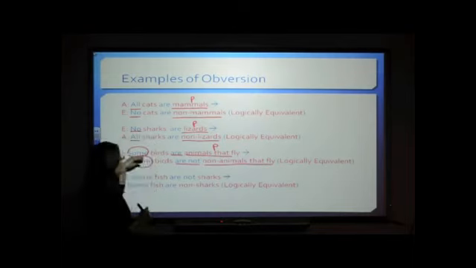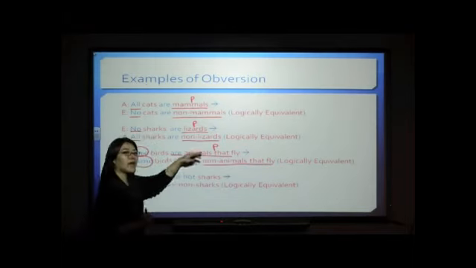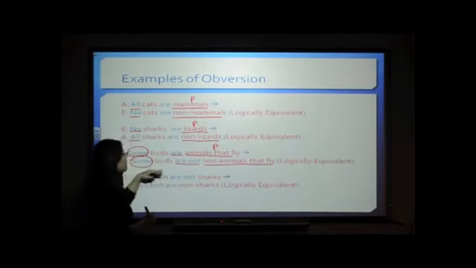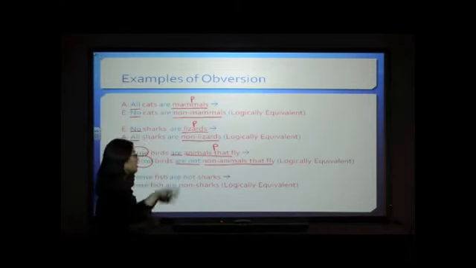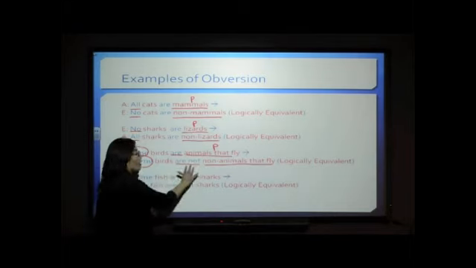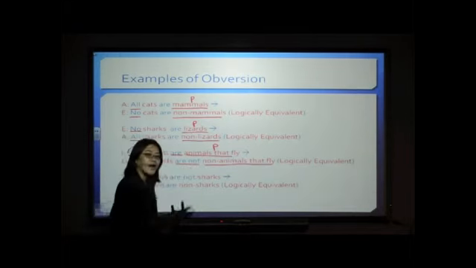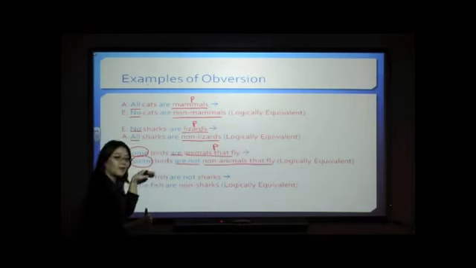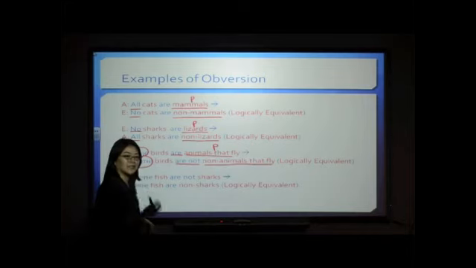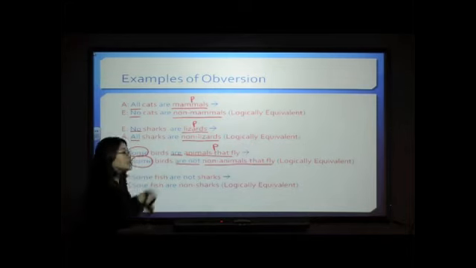So we have some birds are animals that fly, and the obverse of that is some birds are not non-animals that fly. Okay, and it's very important that you change the copula here because that's how you change the quality without changing the quantifier. Okay, because if you change the quantifier, you're actually changing the quantity. Okay, again, these two are also logically equivalent statements.